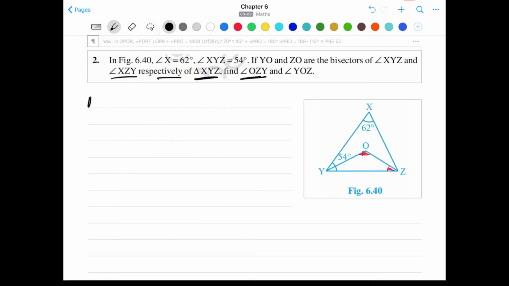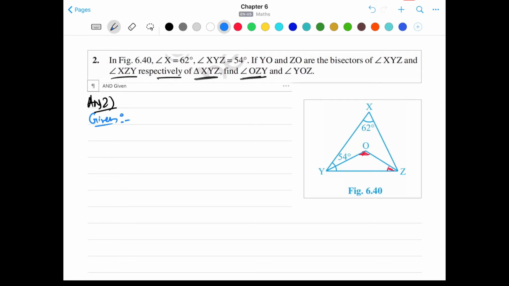So let's write the answer number 2. First we will mention the given part. Given here is a triangle XYZ. When you write the given parts, you will always first write the name of the figure in which we are dealing. So here we are dealing in the figure XYZ.